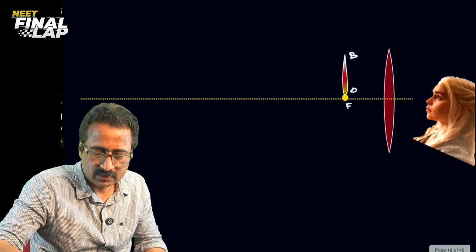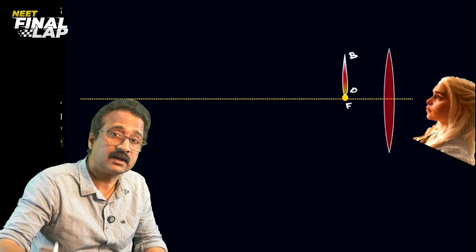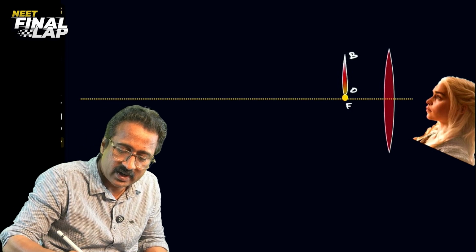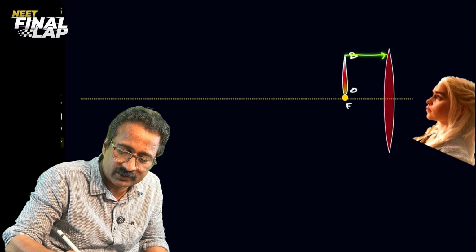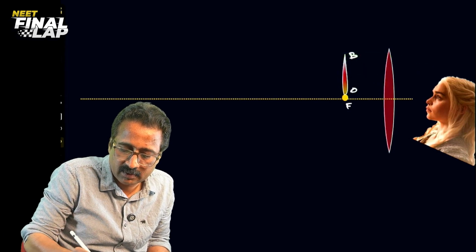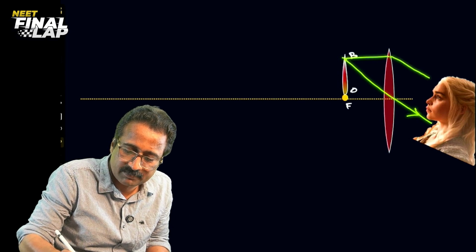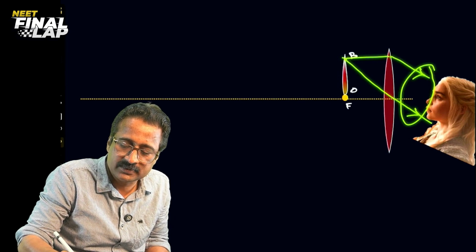Now let's come to one more position I must give you. If you have an object placed exactly at F, you know what happens? When you keep the object exactly at F, something very special takes place, because the light ray going out will pass like this. The light ray passing through the optic center passes like this, and the other light ray passes out like this. See, these two light rays will be absolutely parallel.